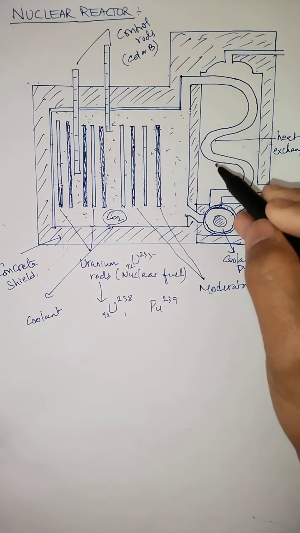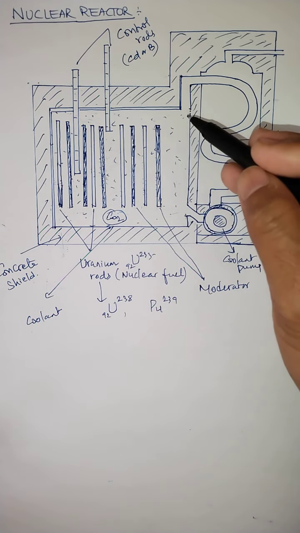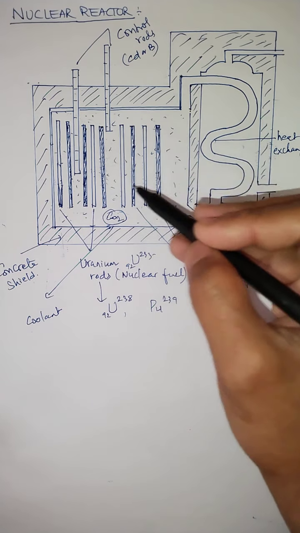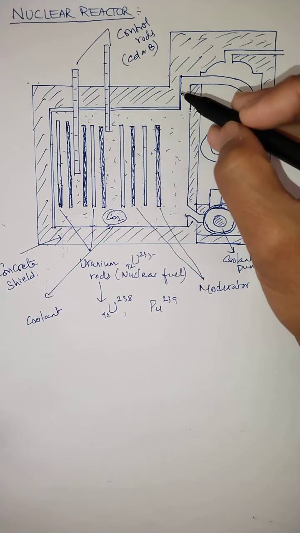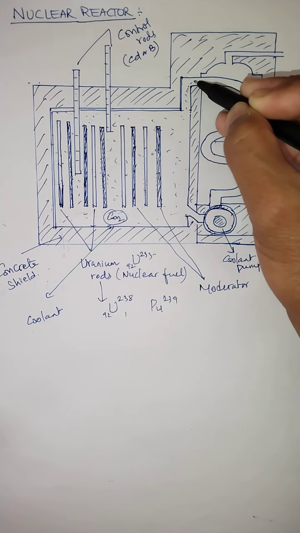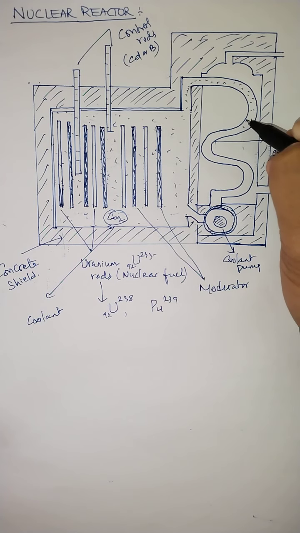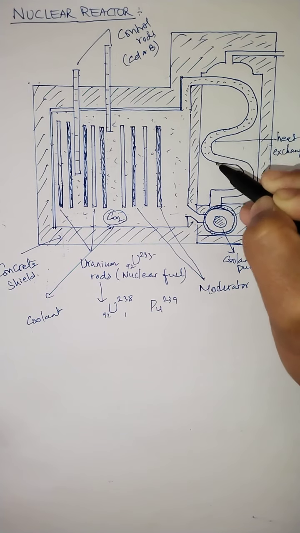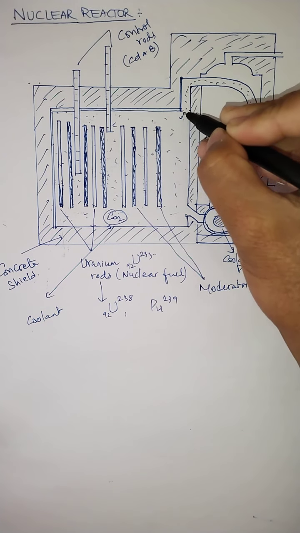So the hot carbon dioxide, which as a coolant absorbs a large amount of heat in the nuclear reactor, passes through this heat exchanger. That means what will basically pass through? The coolant, that is the hot carbon dioxide gas, passes through this heat exchanger. So it passes this way.